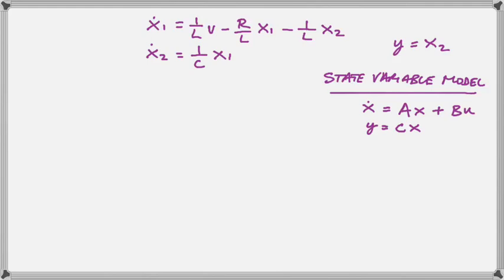All right, on the right hand side you see that is the standard form of the state variable model, where A, B, and C are matrices, and X and X prime a vector of values of the various variables. In this case, we only have two, x1 and x2.